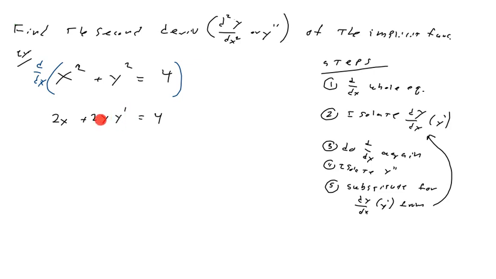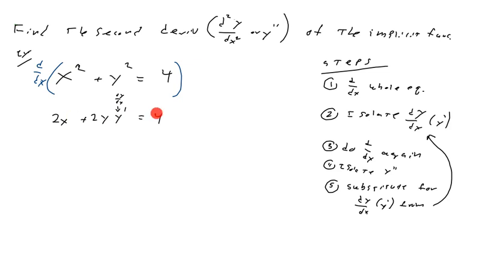Every time there's a y, there's a dy dx, which I just write as y prime, and it cleans up the equation. This y prime is the same as dy dx. It's just a simpler way to say it. Just like before, every time I do the derivative of a y, it's going to turn into a y prime.